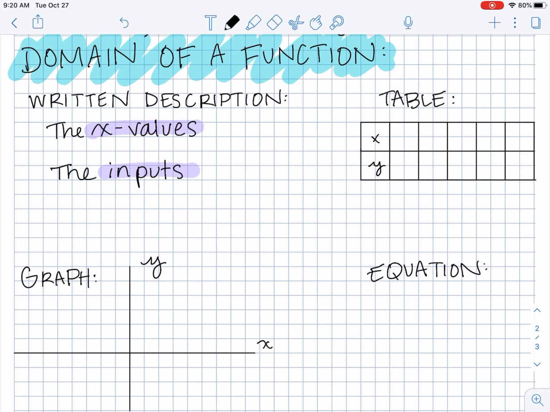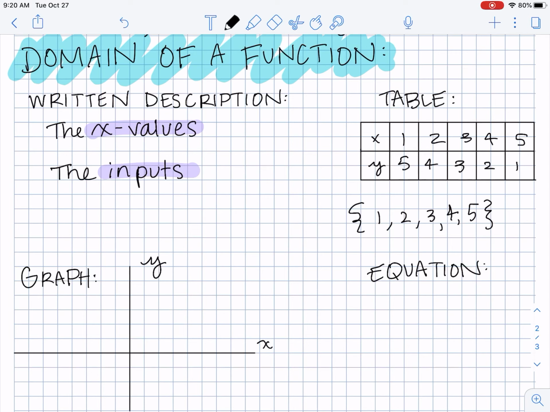If we were looking at just a table of values, 1, 2, 3, 4, 5, I could tell you that the domain was 1, 2, 3, 4, and 5, if we're looking at just a finite number of things. So let's say this was 5, 4, 3, 2, 1.